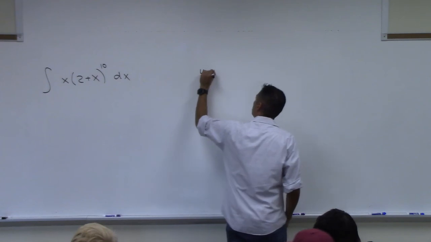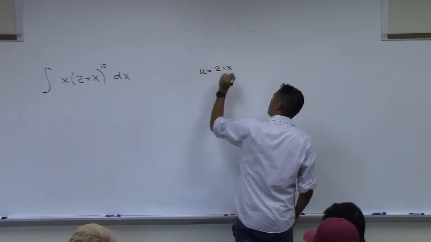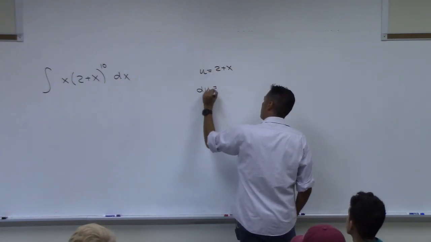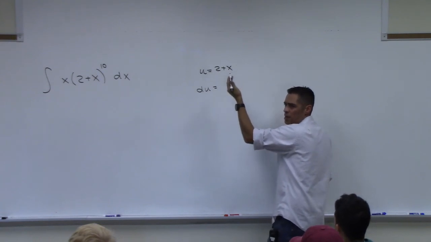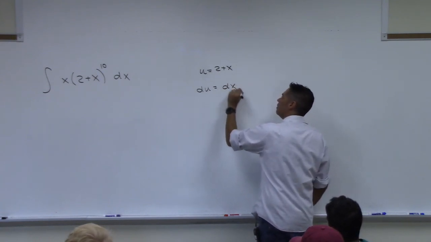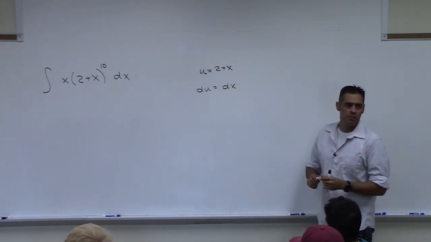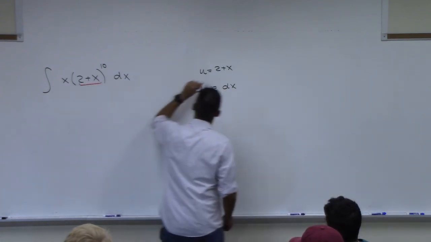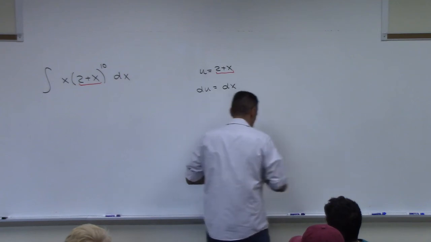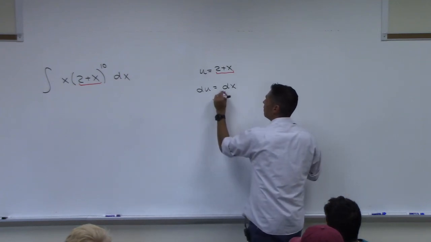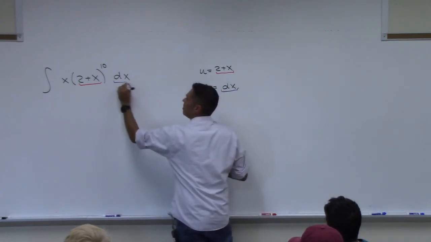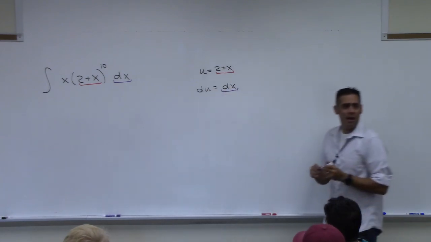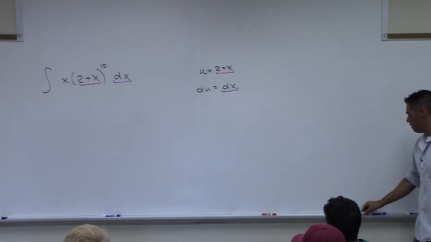If we let u be 2 plus x, what's the derivative of that? Just dx, or 1 dx, right? So I can replace 2 plus x with u. I can replace dx with du, and the only thing I need to account for is that x out front.